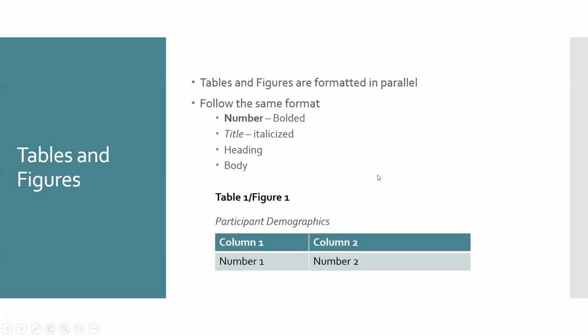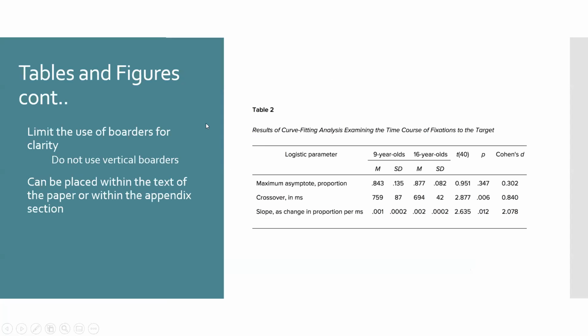Awesome. So continuing on with tables and figures, you want to limit the amount of borders that you use within your tables for clarity. APA actually says that you cannot use any vertical borders, and so all of your borders should be horizontal.